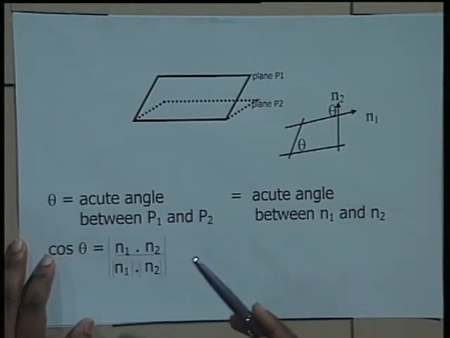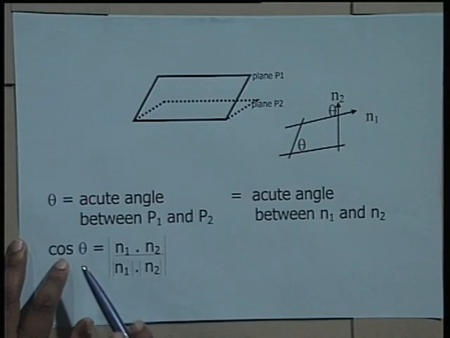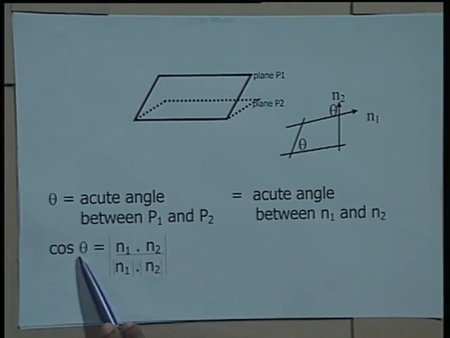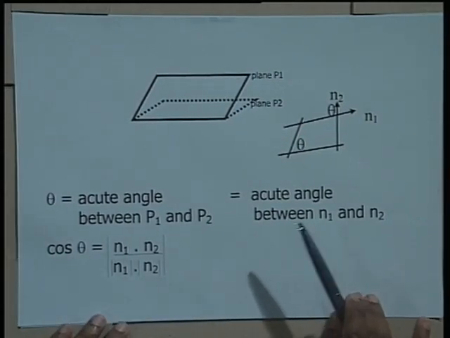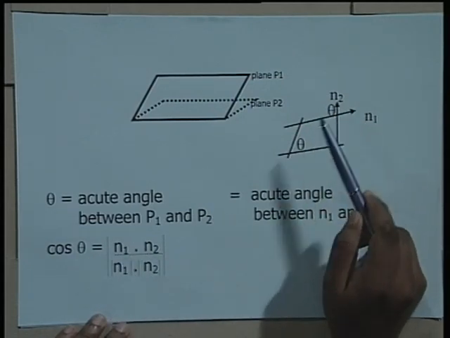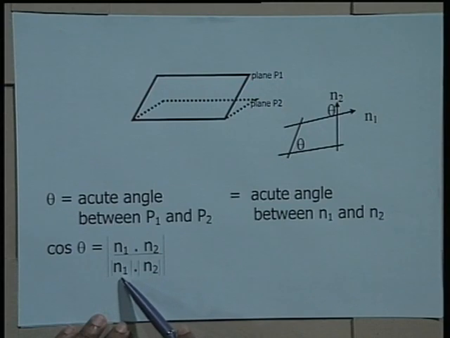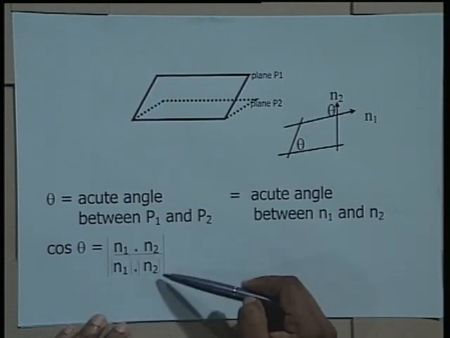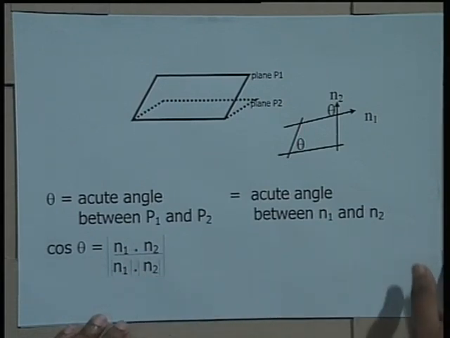Therefore, again, we will use the dot product to find the value of theta, which is the angle between the two planes. Cos theta would be n1 dot n2 divided by the magnitude of n1 times the magnitude of n2. And we would take the modulus in order to obtain the acute angle between the planes.